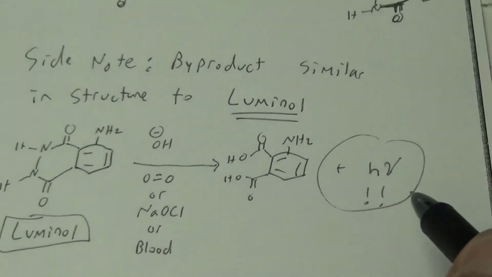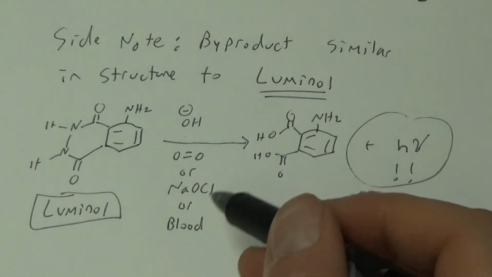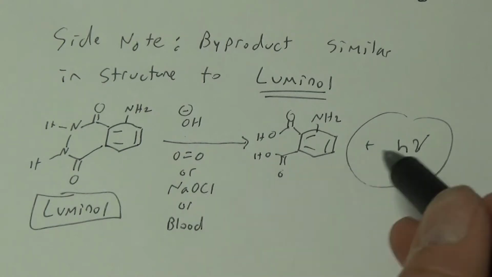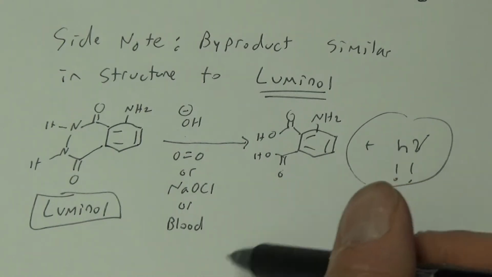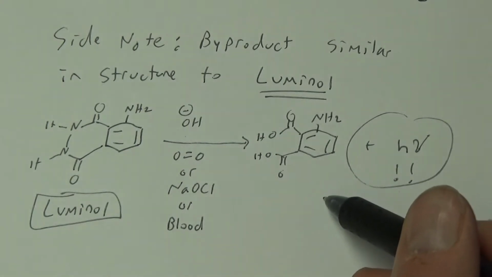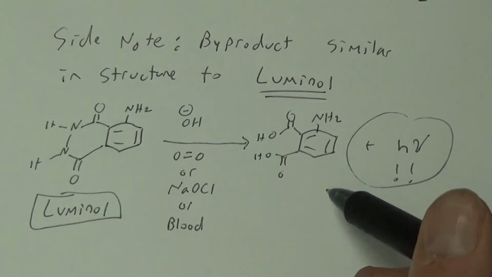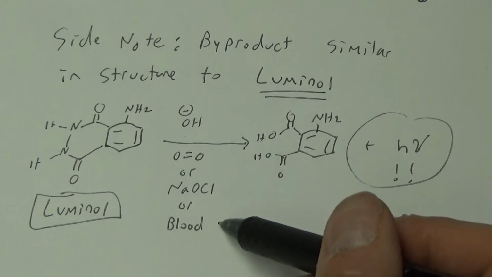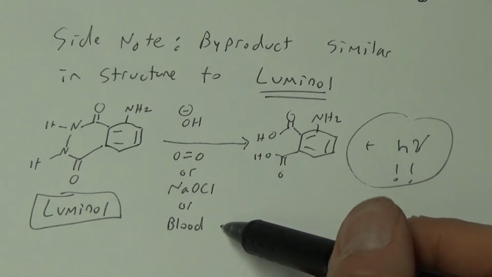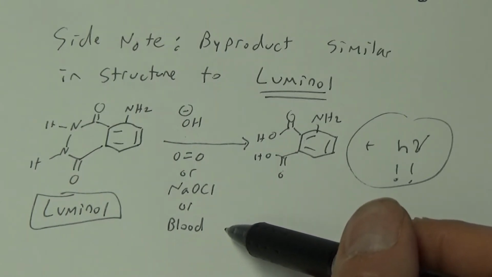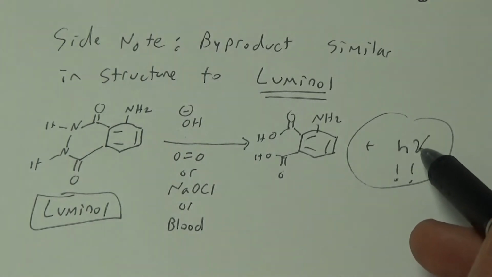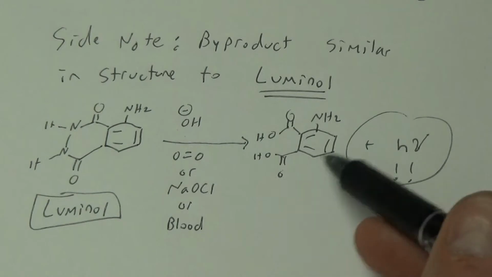And why is it interesting that blood does this, because of the iron in blood, is that this is actually used in crime scene investigations and forensic science. So in a forensics investigation, they can spray this around in a room, and then wear glasses where you can actually see light being emitted. It's like a chemical luminescence type thing. So anyway, that's a little side note.